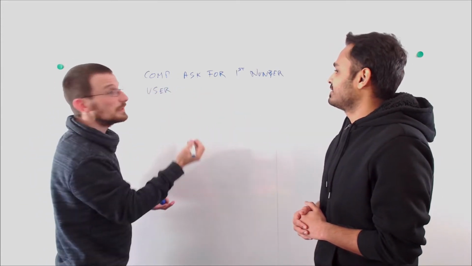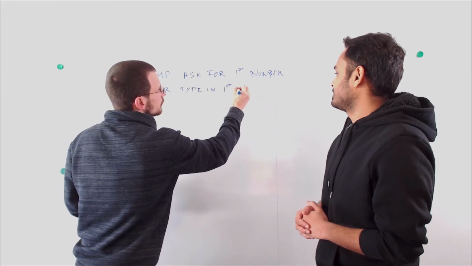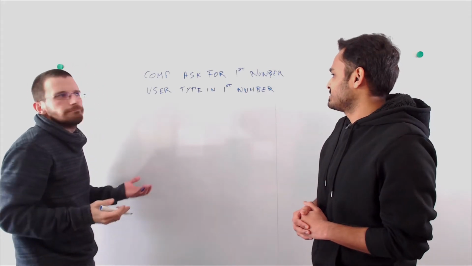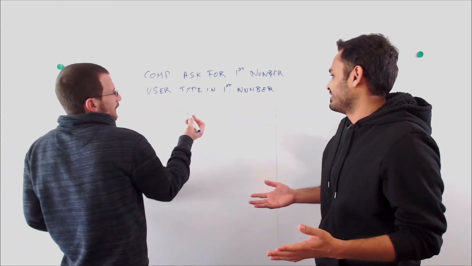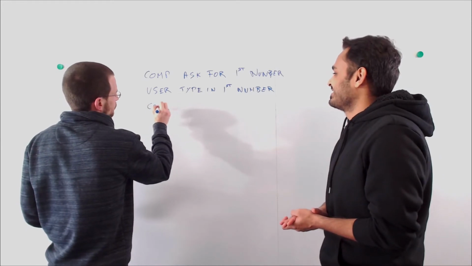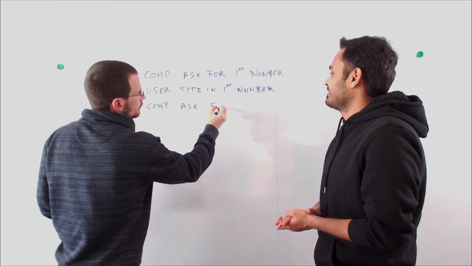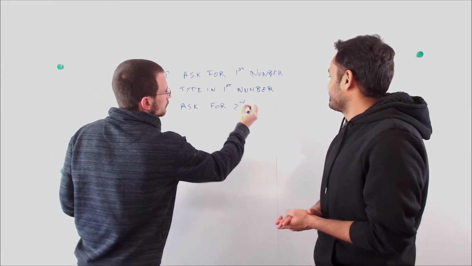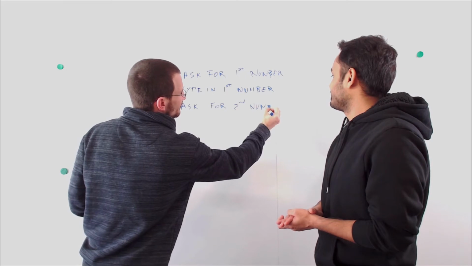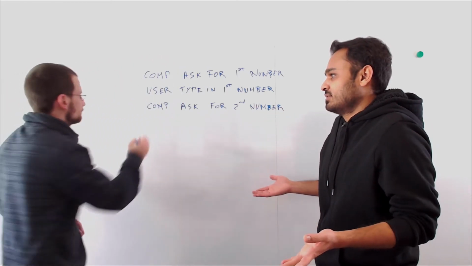Type in. And I'm guessing the next step already. Computer, ask for second number. And the user enters the second number. Exactly.